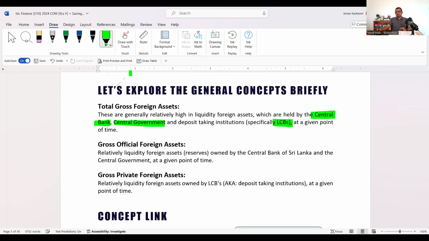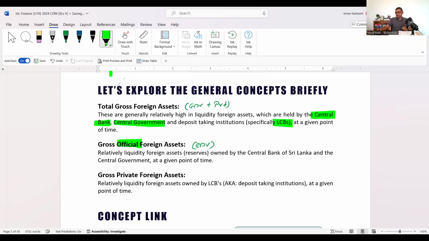Three parties, LCBs. Total gross foreign assets, official, okay, so that means the total gross includes the government plus the what sector? Private sector. Here, only the government or the central bank. Get it? Right.